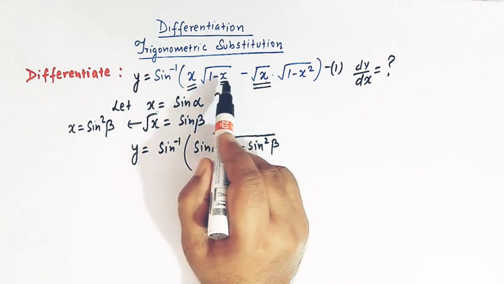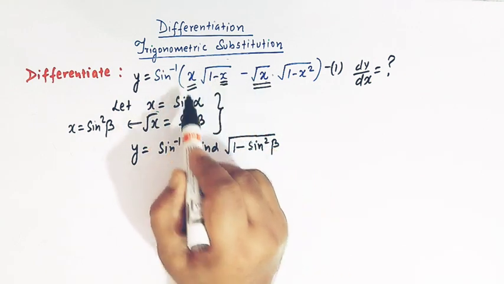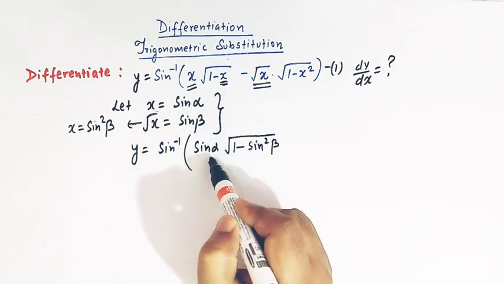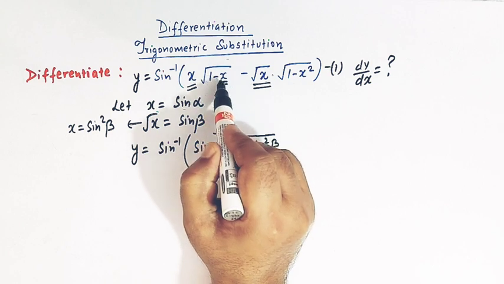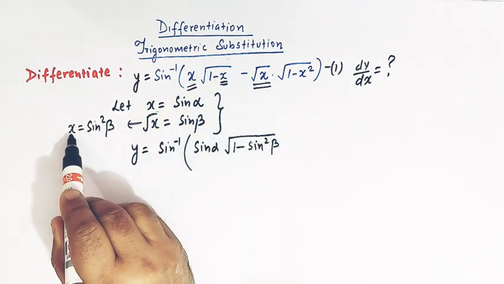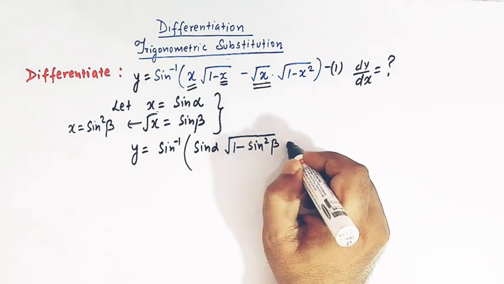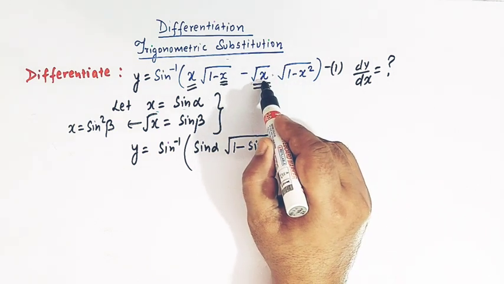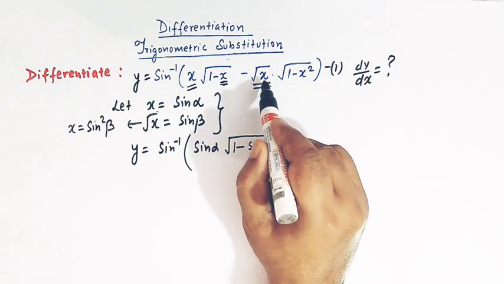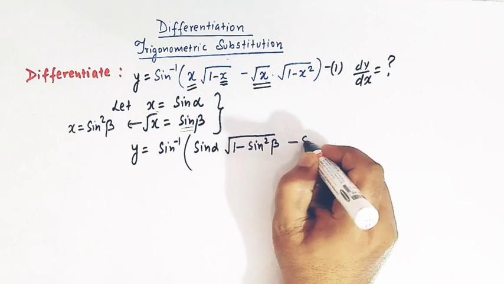So here we have to be very careful that for this x we can take sine alpha, but for the x which is inside the square root sign, we'll take x is equal to sine square beta, right? Okay, so now here we have square root of x, and for square root of x we can now write sine of beta.